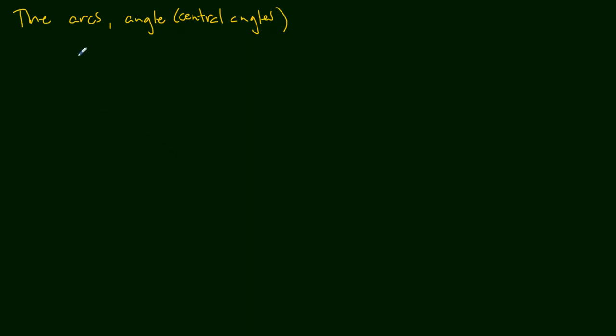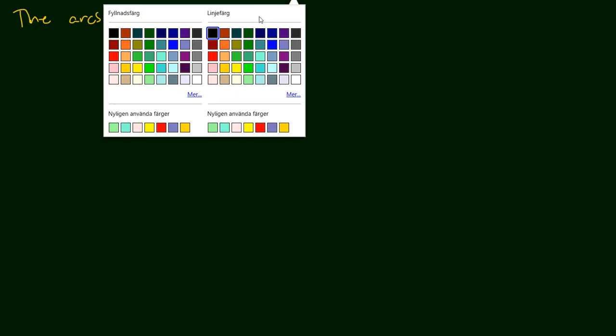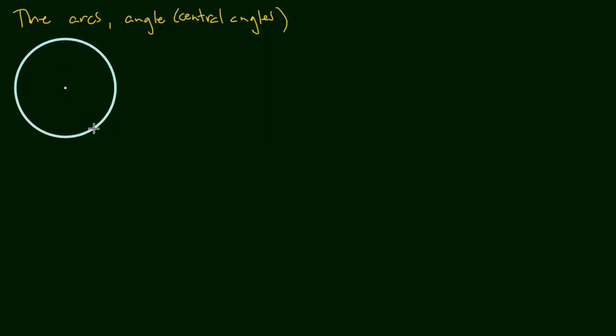If I'm going to have a circle, the circumference of that circle is the diameter times pi, or twice the radius times pi.